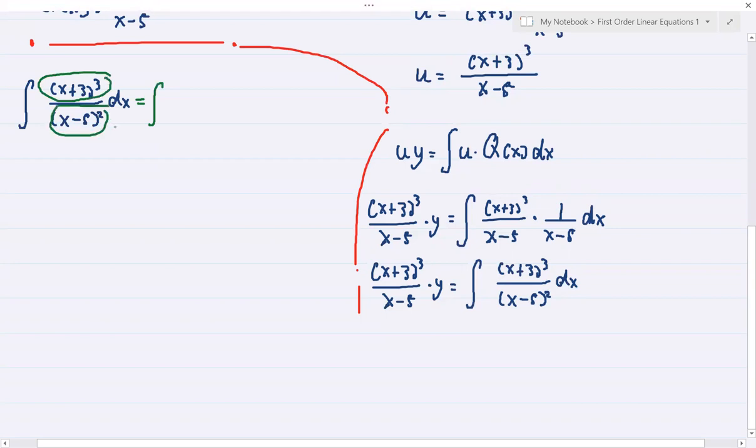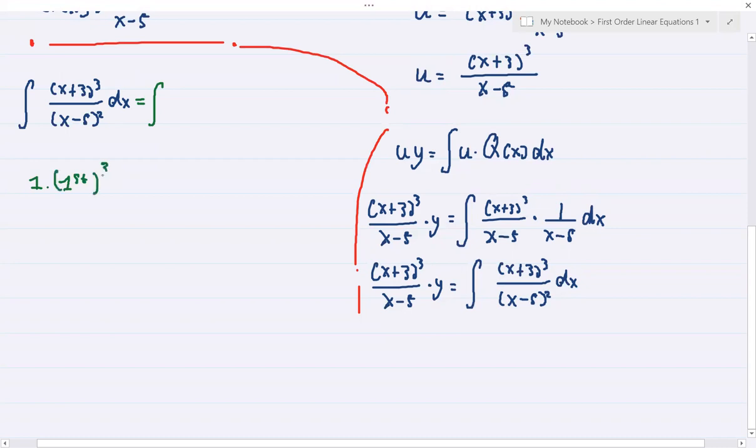Expand this binomial. This one is a cube of a binomial. We need to expand that one, and we need to expand this one. How do you expand a cube of a binomial? There are four steps. The first step is you need to cube the first term.